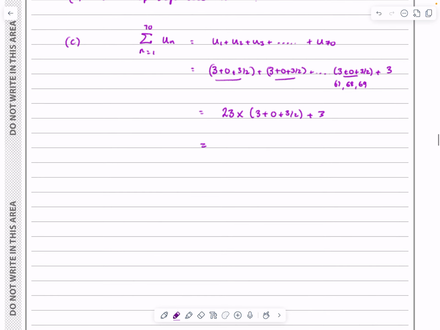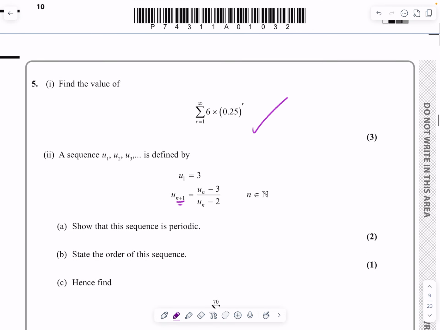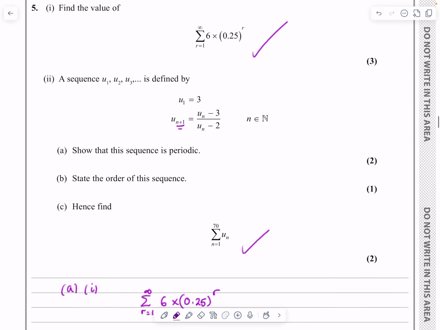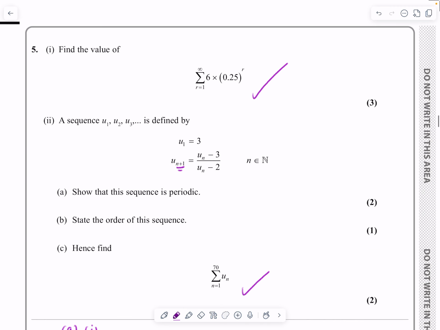And 3 plus 0 plus 3 over 2 works out to be 4.5, so it's 23 times 4.5 plus that extra term there. That all works out to be 106.5 as the answer to the last part there. So yeah, a pretty standard recurrence relation and a little bit of sigma notation in there. Hopefully that all makes sense to you all.